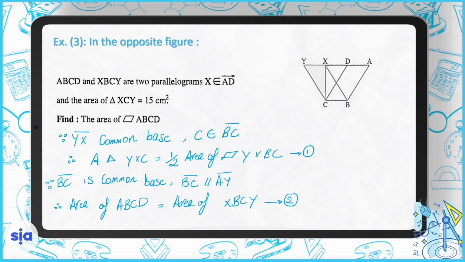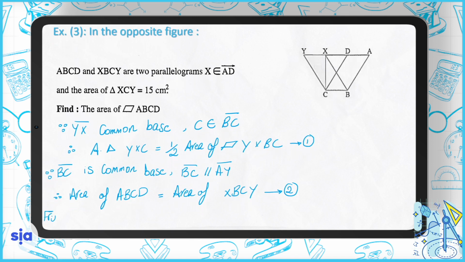So now we can easily say that from 1 and 2, the area of triangle XCY is equal to half the area of the parallelogram ABCD.